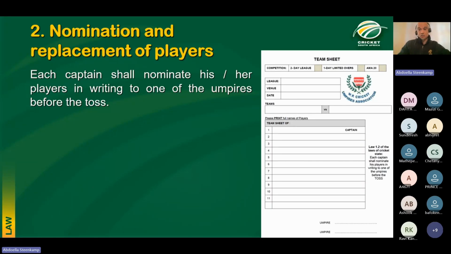On the right is an example of a nomination sheet that we use here in Cape Town, South Africa, in club cricket. We hand this to the captains when we get to the field, and captains then need to complete this and hand it to us either before the toss or at the latest when they get to the toss. They need to hand over the completed nomination sheets.